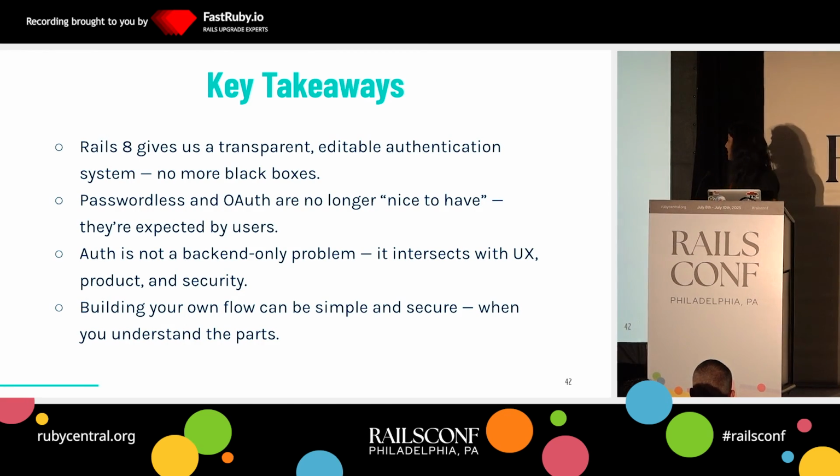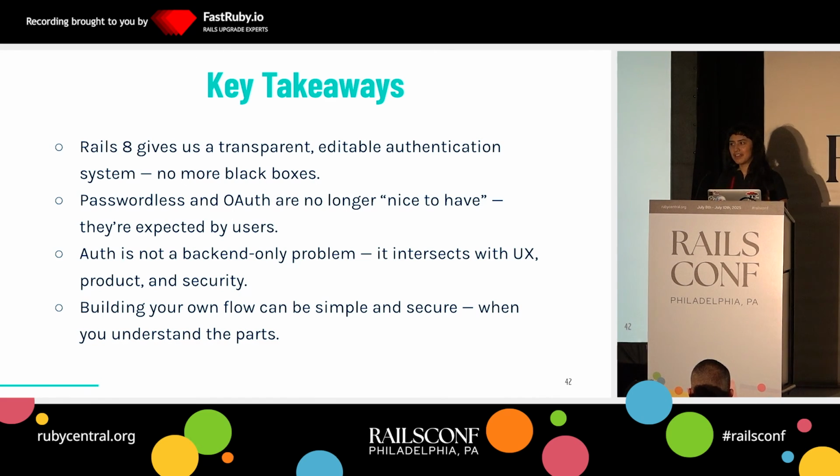some key takeaways. Rails 8 gives us a transparent, editable authentication system, so we have no more black boxes anymore. Everything is very transparent. Even with this gem, everything is just there. Passwordless and authentication are no longer nice to have, and especially SSO and OAuth. I, as a user, personally expect this. I use it a lot, especially for work.